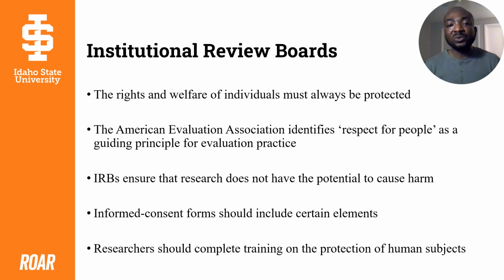So, informed consent form should include certain elements such as the purpose of the research, the expected duration of the subject's participation, the number of people in the study, a description of the procedures, a description of any foreseeable risk or discomfort to the subject, a description of the benefits, an assurance that records will be confidential, and a statement that participation is voluntary and the participants can decide to withdraw at any point in time, a description of the compensation provided, if any, and the contact information of the evaluator or the researcher.